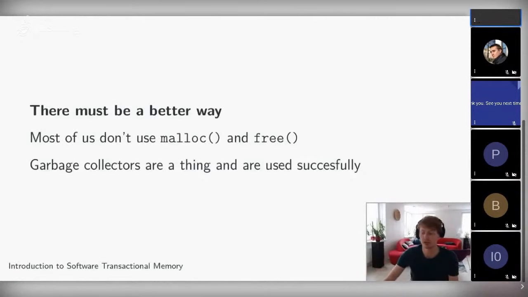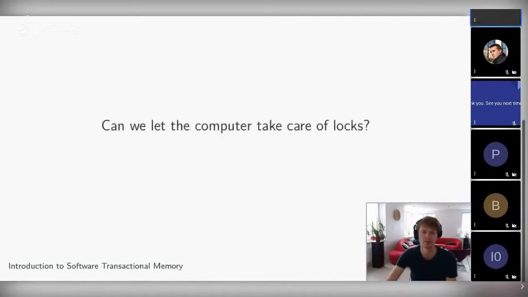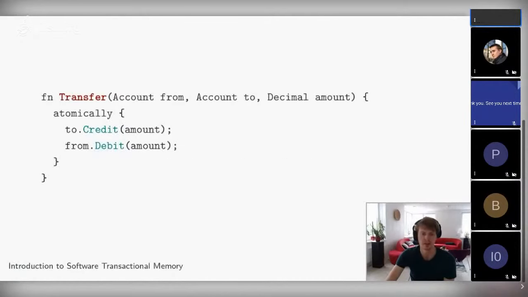So why can't we do something like that for concurrency? Like, make the computer handle it. Don't bother me with all this locking nonsense, please. So that's the question that STM aims to answer. What would it look like? Well, if our fake language has this magic keyword atomically, where atomically does all the right things, I would want it to look like this.